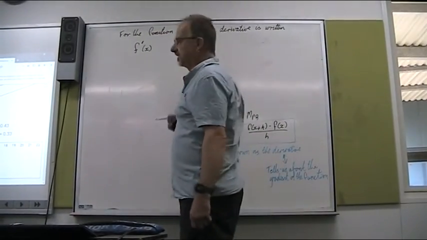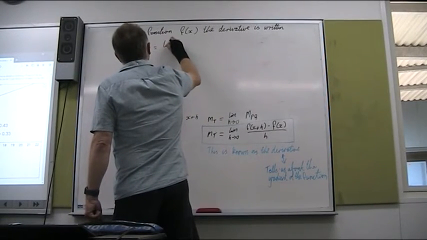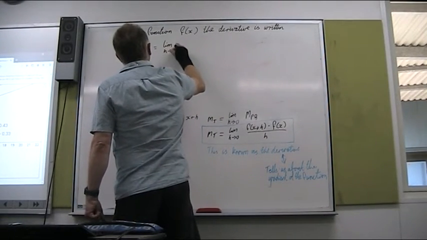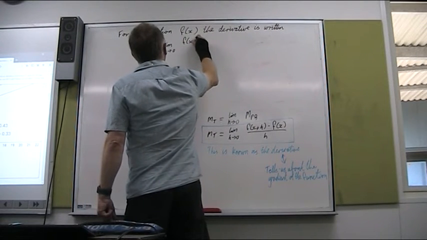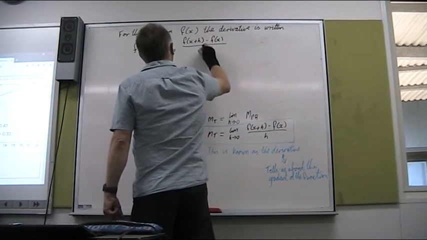So f dashed x equals the limit, h tends to 0, of f of x plus h minus f of x over h.